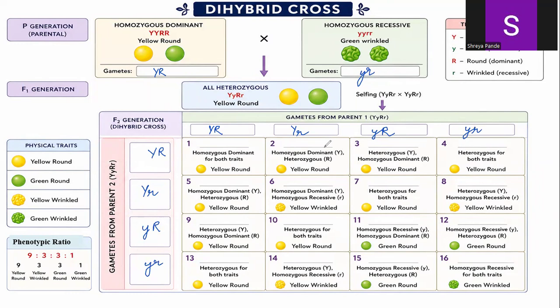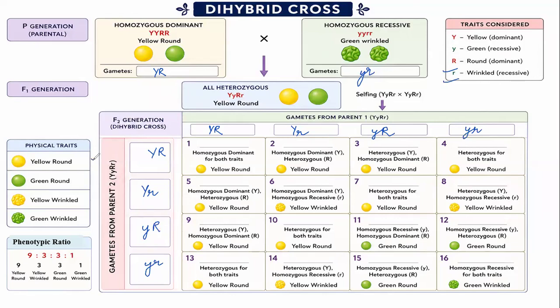Okay, let us just revise here once. What is capital Y referring to? Yellow, dominant. Small y for green, recessive. Capital R for round and dominant, and small r for wrinkled and recessive. And these are the physical traits that we are looking for. All right, so let us start putting it here.